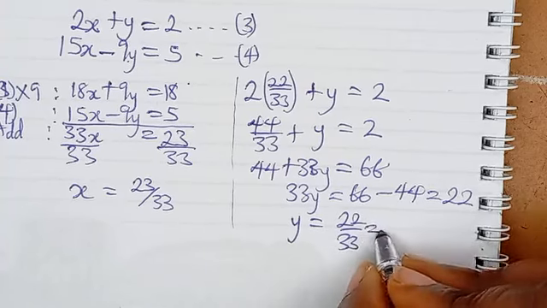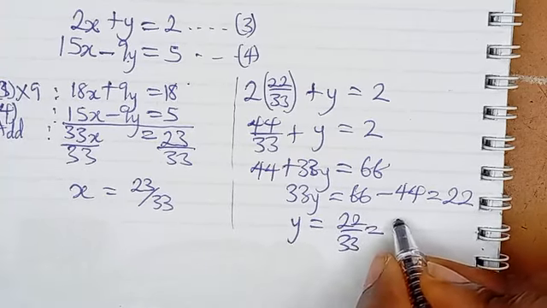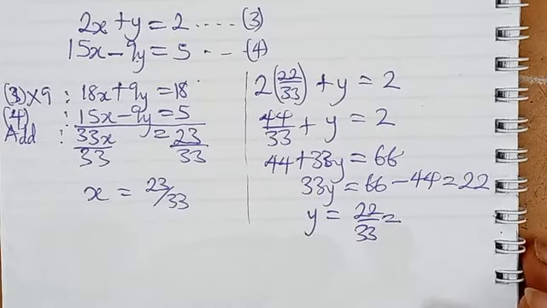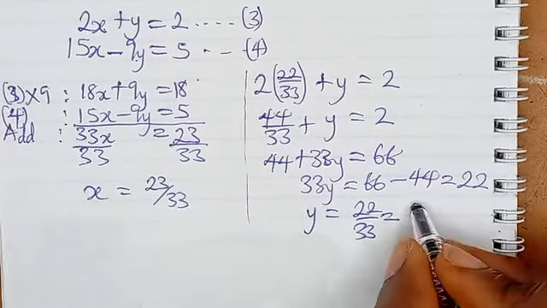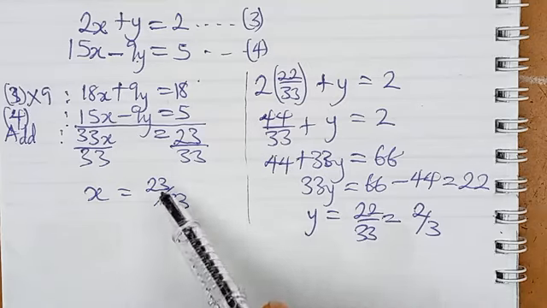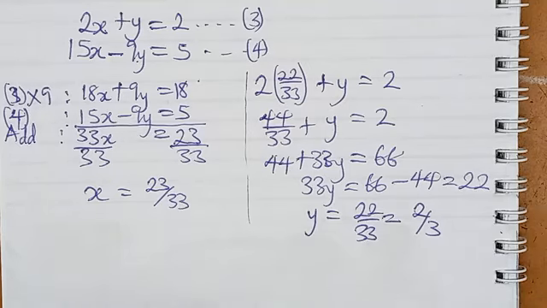Reducing this to lowest terms, 11 can divide into these two values, so we have 2 over 3. That y is equal to 2 over 3, and x is equal to 22 over 33.